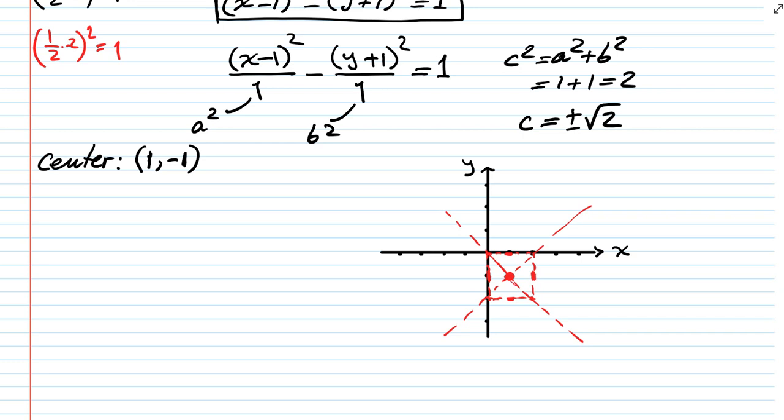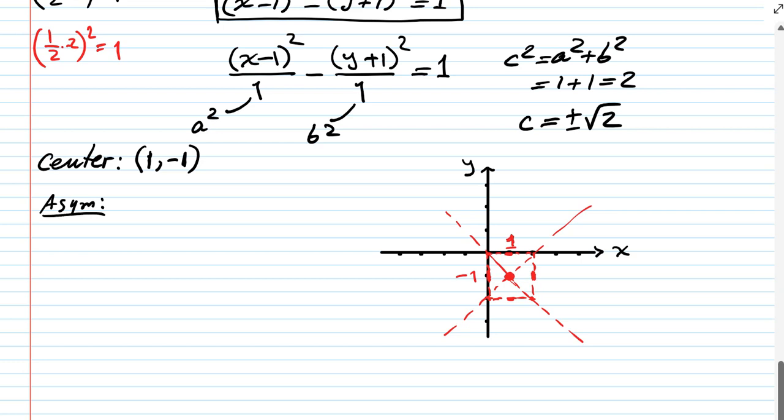There we have that. Perfect. Now, here's 1, here's -1. Okay, we're looking for a horizontal transverse axis because the equation starts with x and then is followed by minus y squared. At this point, let's find the asymptotes because it's easy to do.